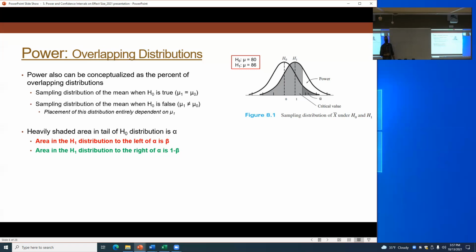And if the null hypothesis is not true, then I've made a correct decision, right? But even with that, there's still part of this distribution that's overlapping with my null distribution. And if I land in here, this is where I'm making my type 2 error. I failed to reject the null hypothesis, even when the null hypothesis is not true.